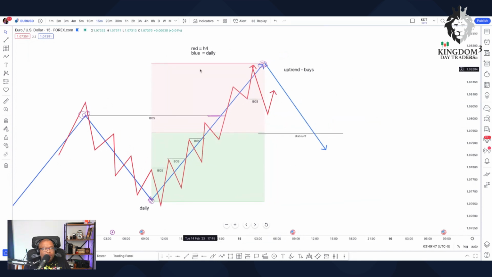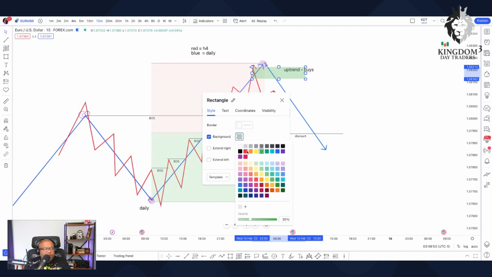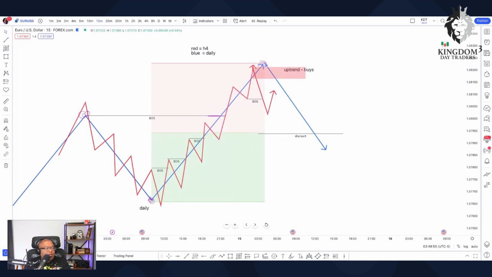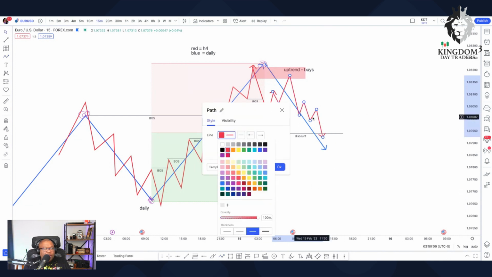The 4-hour is now broken down, which usually will put in a zone over here for us to trade, right? Supply zone. So price will go up till there, and then use that to eventually drop down into discount as expected on the daily.